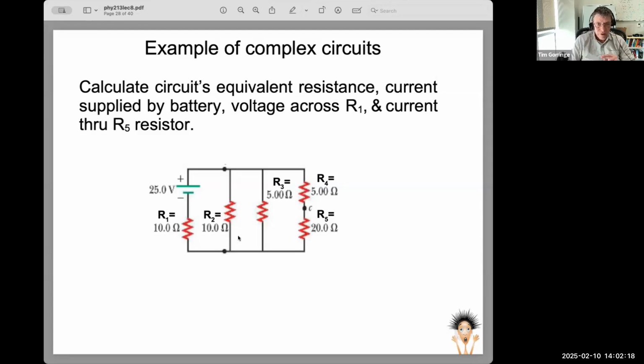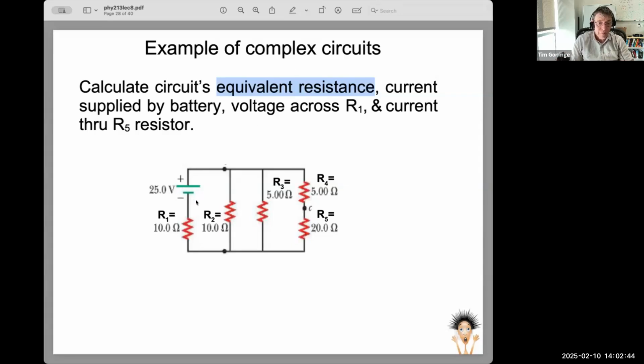To solve this, we're going to first find the equivalent resistance, which is what we did in the last 2 problems with the simple series circuit and the simple parallel circuit. So we're going to find the equivalent resistance. And then once we find the equivalent resistance, we'll be able to figure out currents, voltages, powers in any components of the circuit.